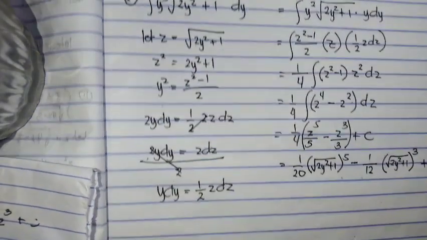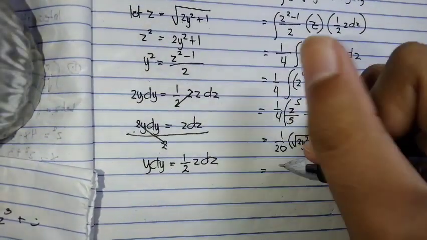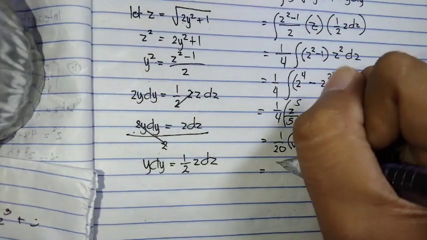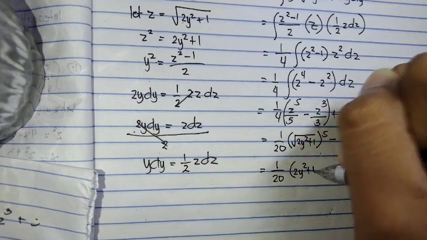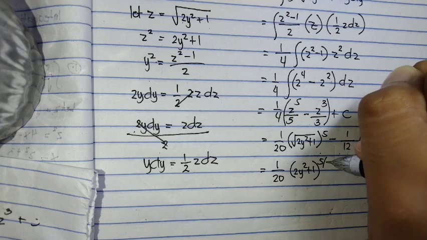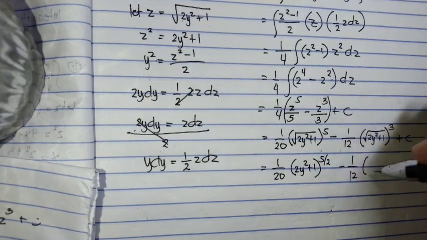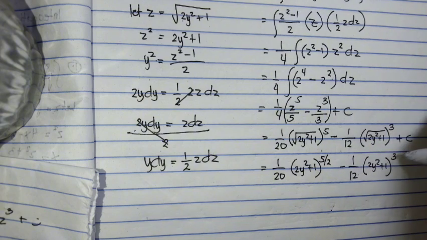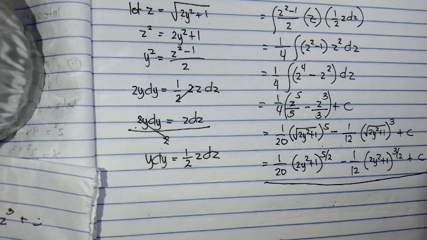We can also rewrite this as 1/20 (2y squared plus 1) to the 5/2, minus 1/12 (2y squared plus 1) to the 3/2, plus c. So this is our final answer.